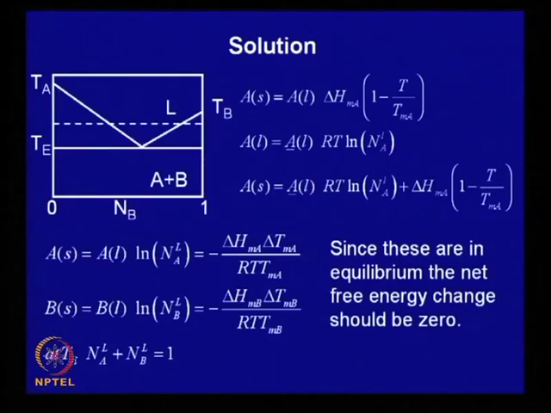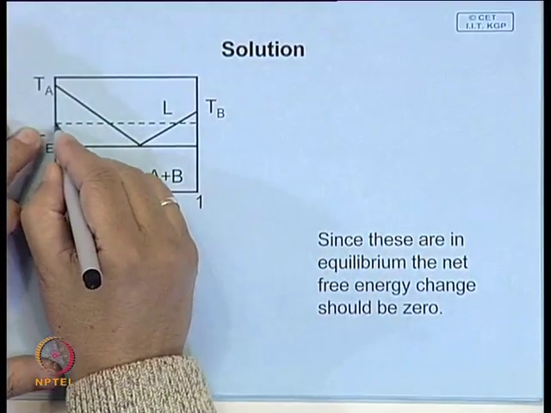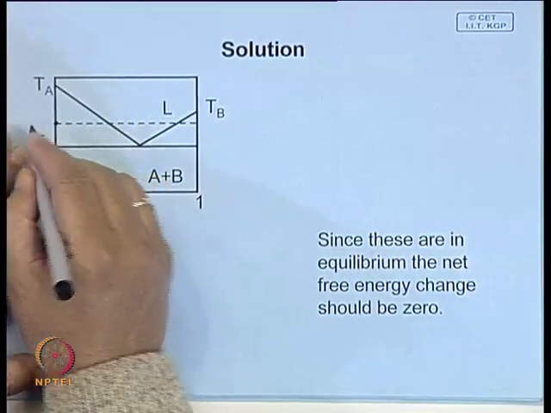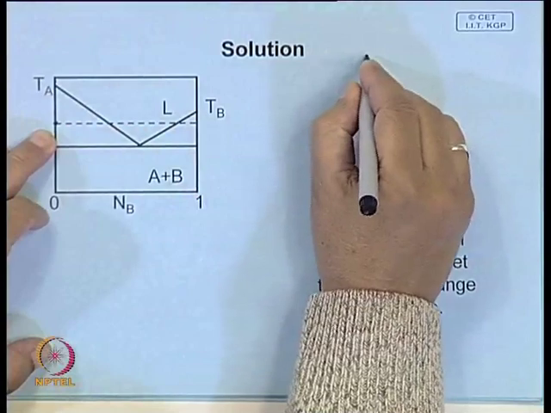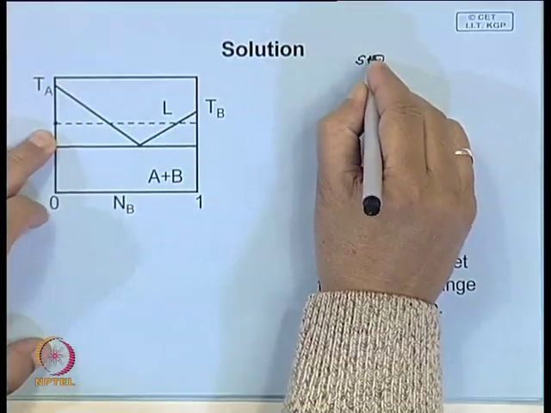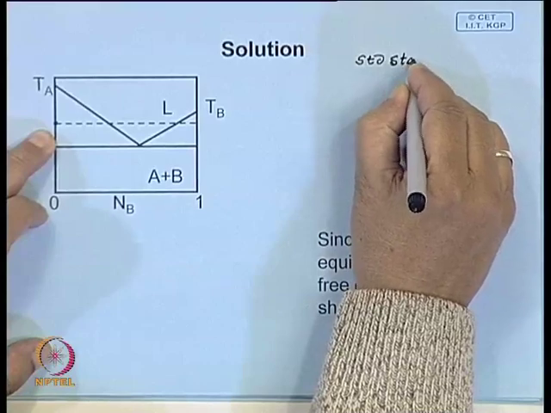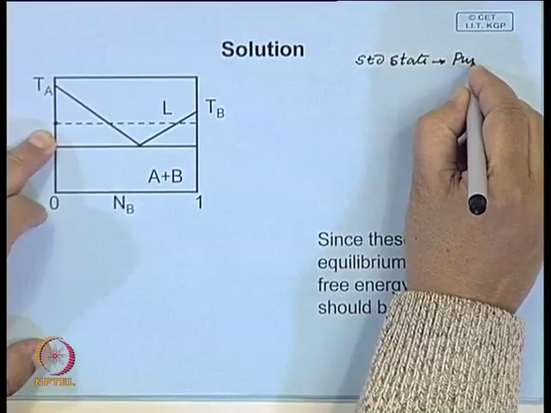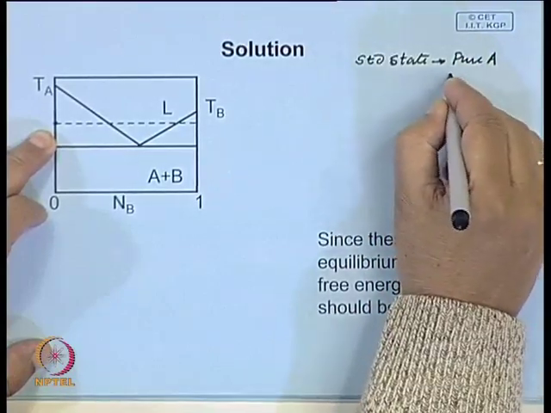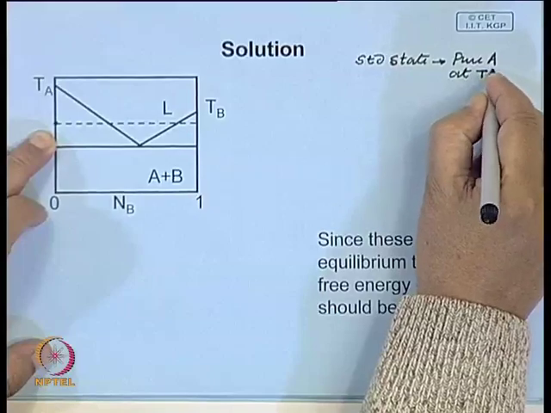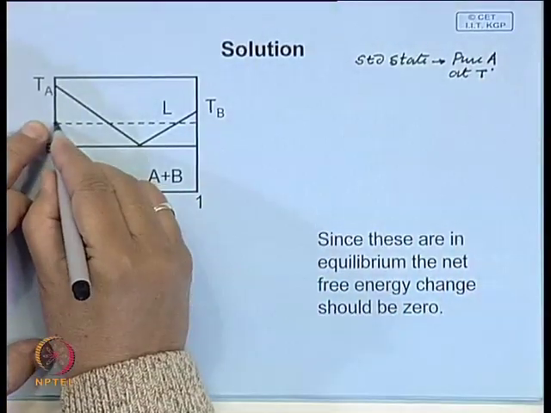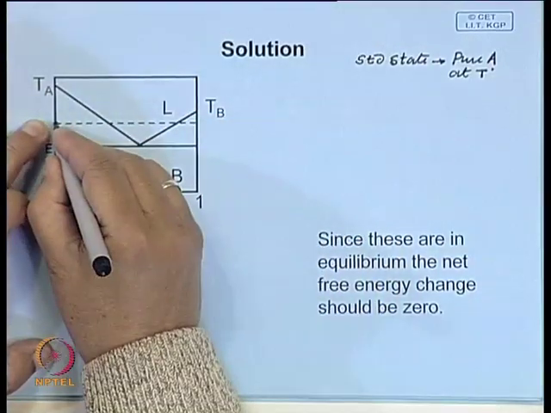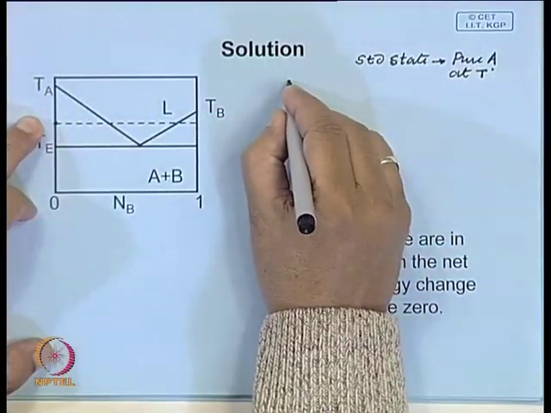Now, how do you calculate the free energy of transformation, which is illustrated here? Suppose in this particular case, you take pure A as the standard state. In free energy calculation, the definition of standard state is quite important, and we take the standard state as pure A at temperature T. In that case, what is the free energy of pure A?